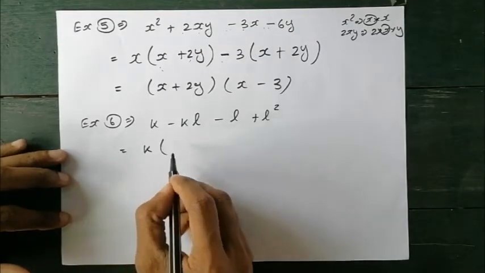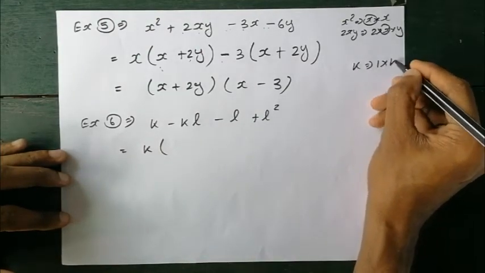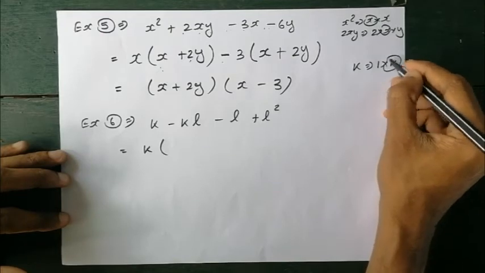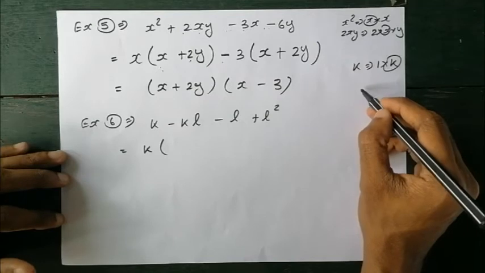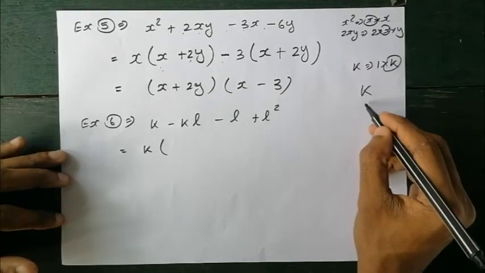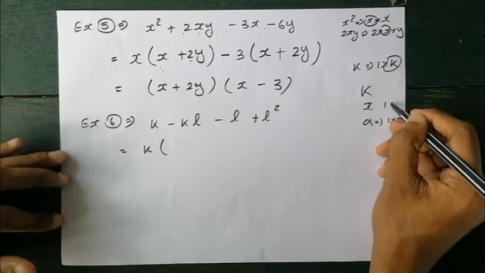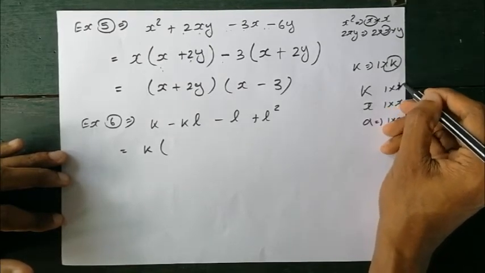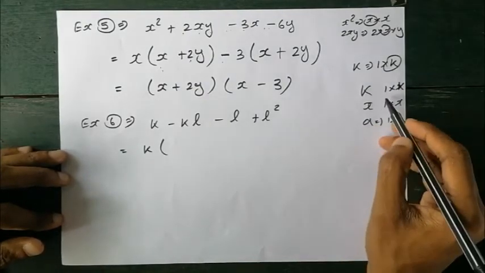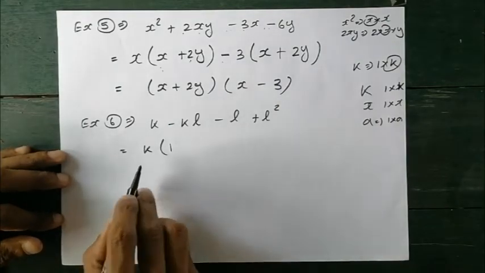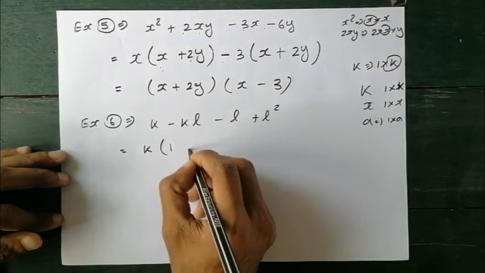If you take out k, k means 1 into k, so the remaining is 1. Always, if you have a single algebraic term, like k, x or a, it means 1 into that term. So k into 1 is k. If you take out k, the remaining is l.